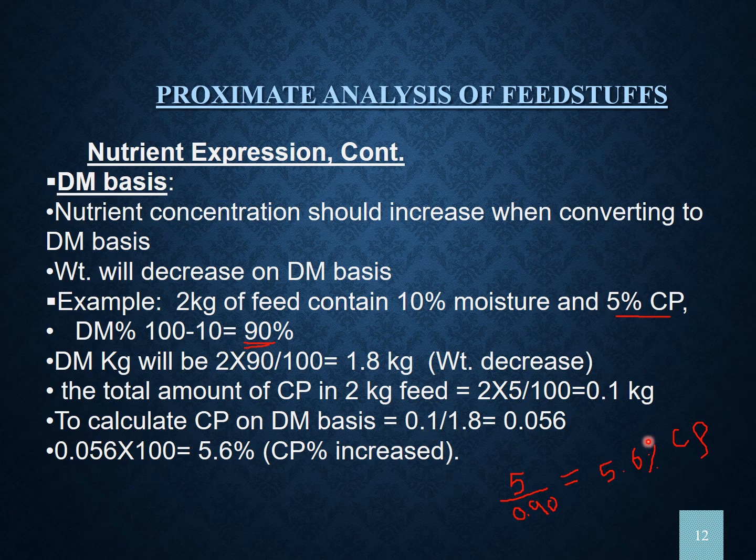But if you need to calculate it directly, you can use this formula. Now you know the key rule here: the nutrient concentration should increase when converting to a dry matter basis.